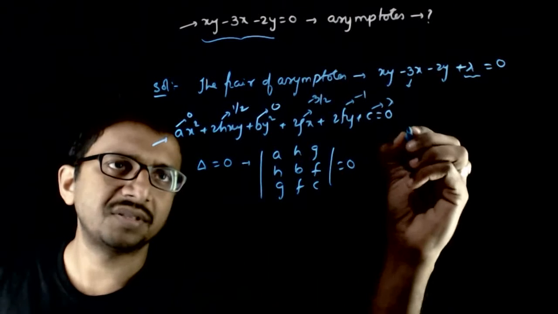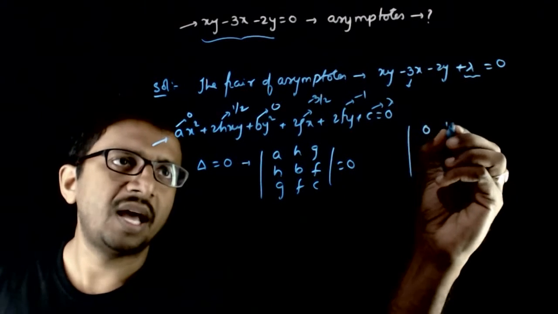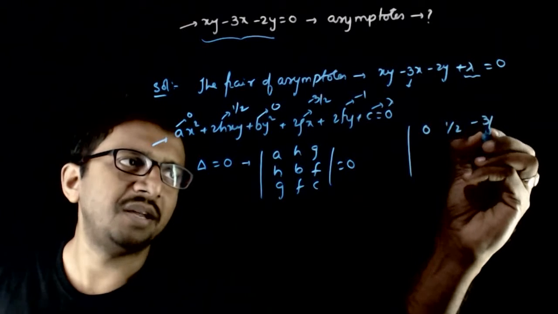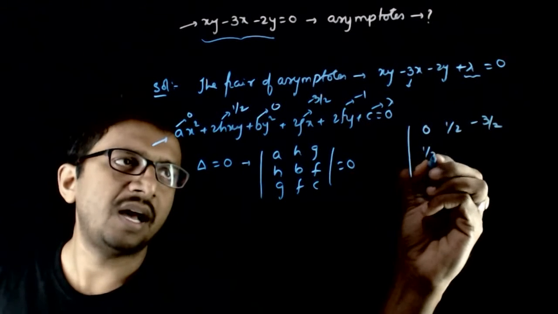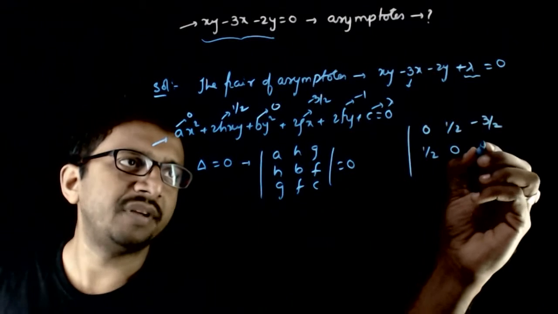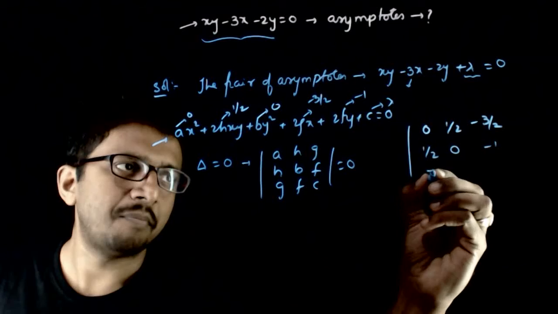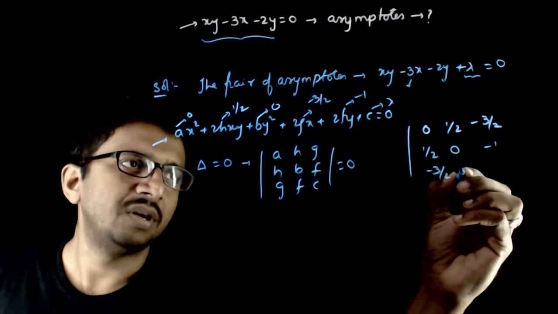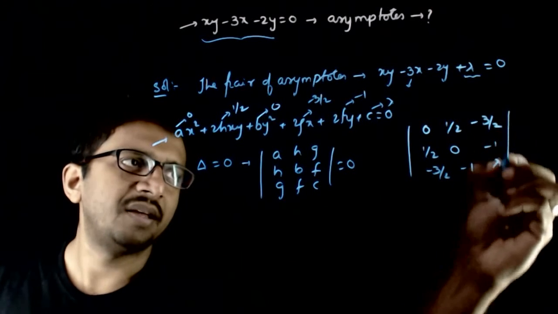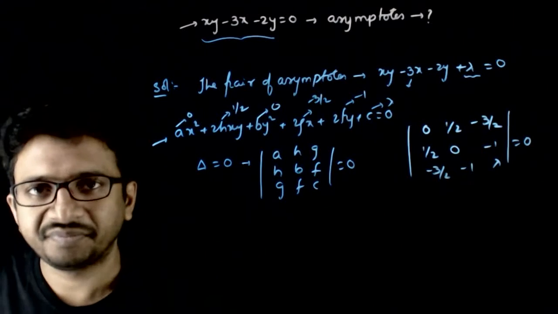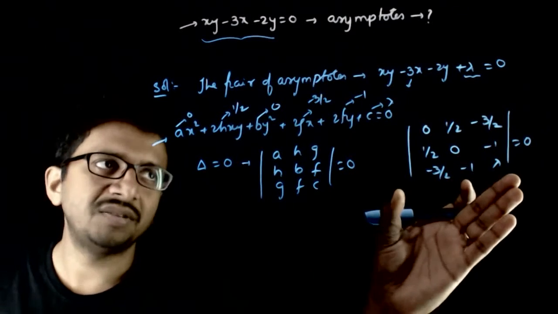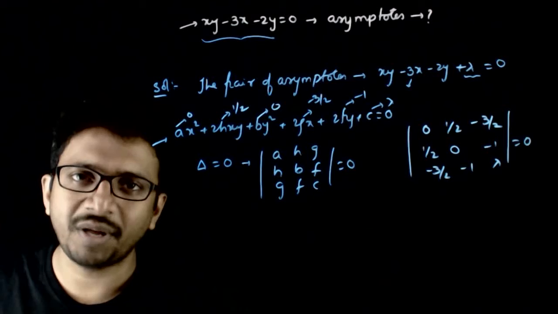Now if you substitute this, we get the determinant 0, half, minus 3 by 2, half, 0, minus 1, and lastly minus 3 by 2, minus 1, lambda, which has to be equal to 0. If this determinant is equal to 0, then this equation represents a pair of lines.